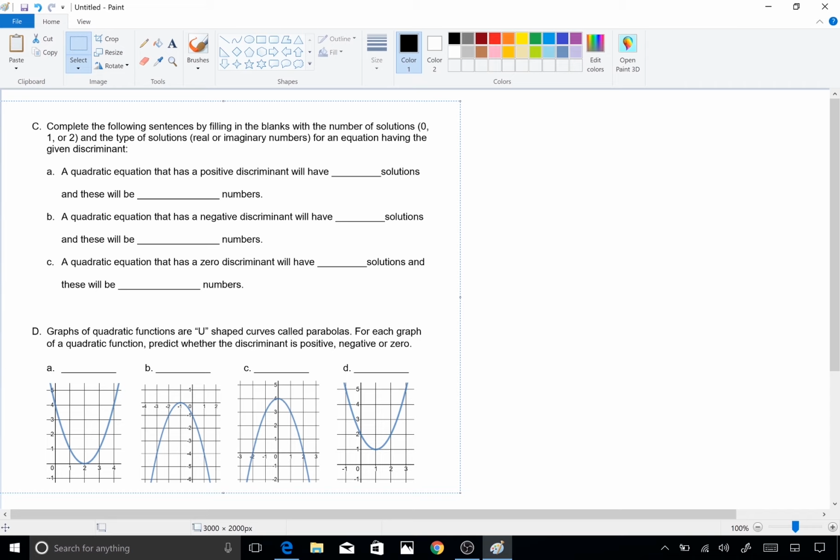In the previous case, the solutions were imaginary. Whether the solutions are real or imaginary depends on the discriminant, which is b squared minus 4ac. This is what's underneath the square root sign. If this is negative, you will have two imaginary solutions.